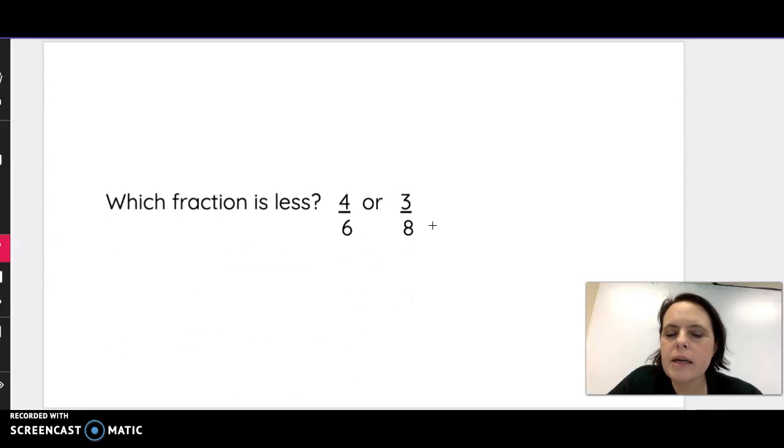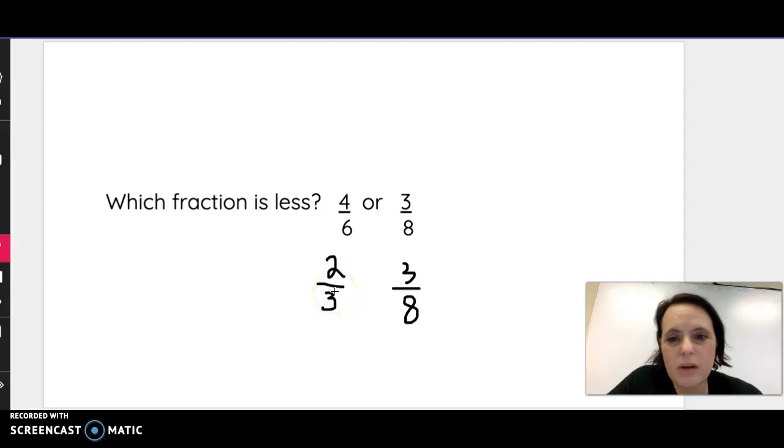Now the next one is which fraction is less. I'm going to simplify 4/6 to 2/3 by dividing by 2. So I have 2/3 and I have 3/8. Now I'm going to use my half benchmark again.